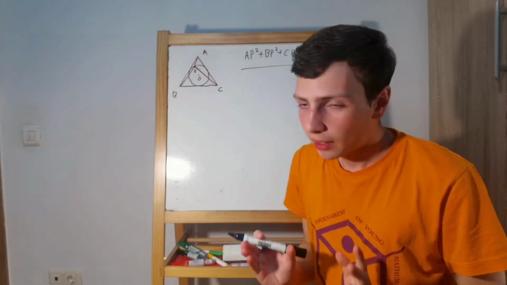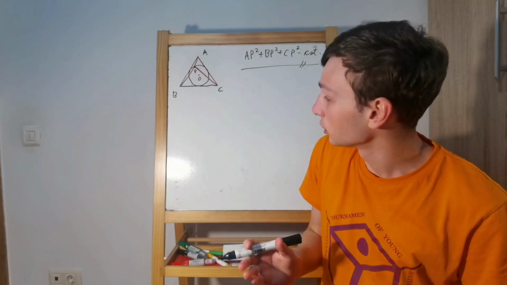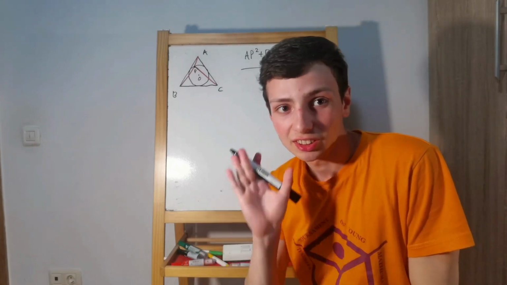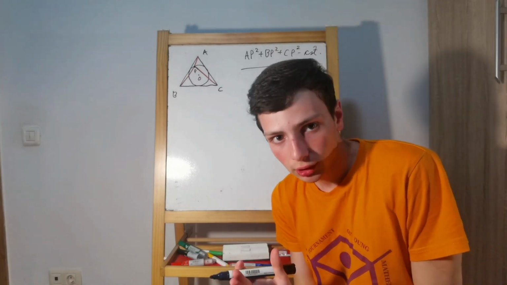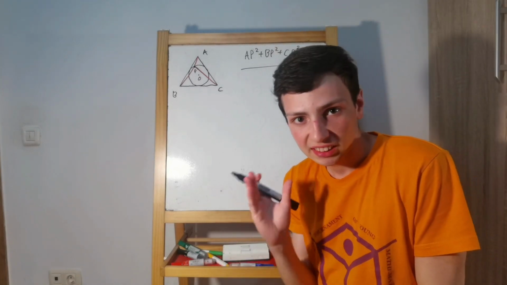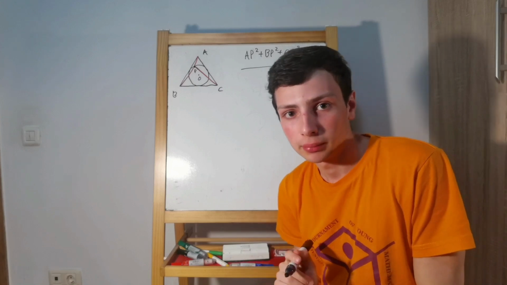In this video I will show you a problem I saw on the Mind Your Decisions channel and a very simple solution to the problem. That is, if you are familiar with complex numbers.